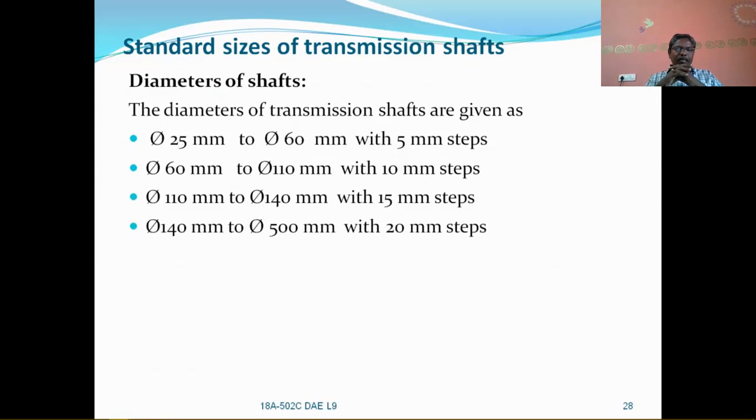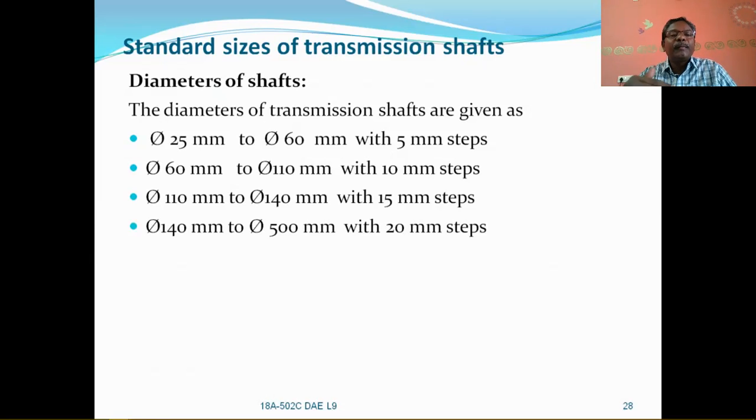That means 140, 160, 180, 200, 220, 240, 260, 280, and so on, up to 500 mm.